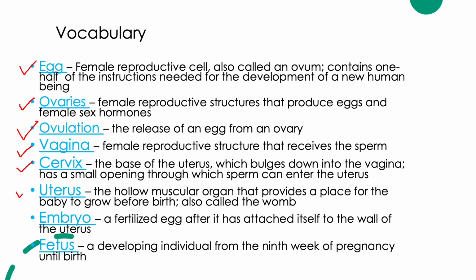The uterus is the bag-like structure commonly known as the womb, where the baby develops for the whole pregnancy. It comes into the uterus when it has been converted into an embryo. The embryo attaches to the uterus, and later on it converts into a fetus until the baby is born.